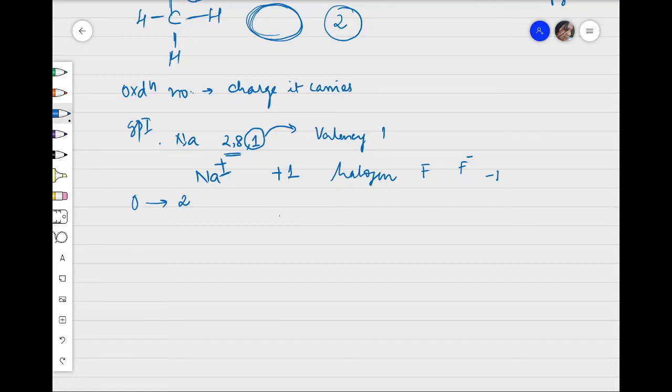And I said it is the number of bonds that it forms. So valency in this case is always 2. But now let me take the case of H2O. You can see that oxygen is like this, and here the oxidation state is -2.